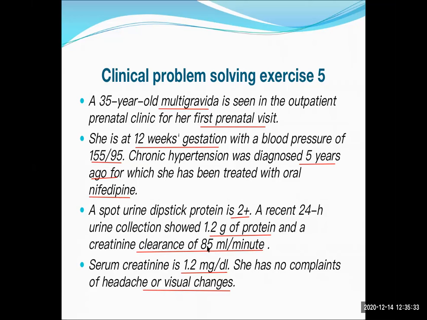So already because of the chronic hypertension there is kidney damage, and a superimposed preeclampsia as well. But she has no complaints of headache or visual changes, which are seen only in severe preeclampsia. So this is probably chronic hypertension with mild superimposed preeclampsia. Excellent. This is the way.